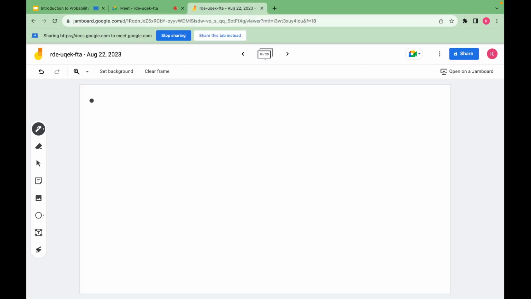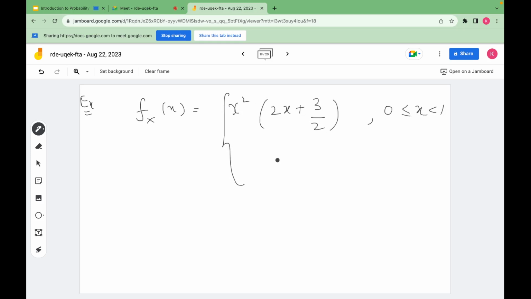So this f(x) is given as x squared, 2x plus 3 by 2, where x varies from 0 to 1 and it is 0 otherwise. Now we will first find the expectation of x.